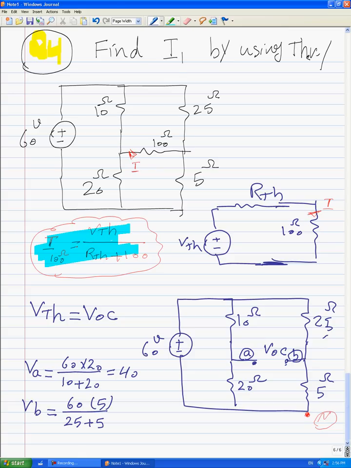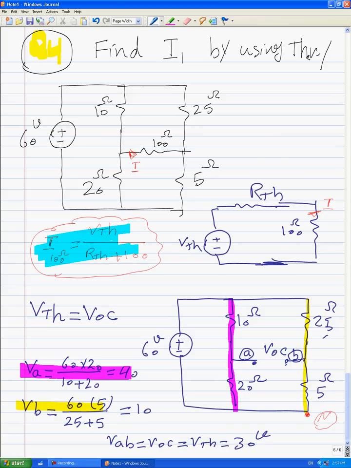Be careful, for this we are applying the voltage divider rule in this line, and for this equation we applied the voltage divider rule in this line, and VB is equal to 10, and immediately we can find out VAB is equal to V open circuit and is equal to VTH is equal to 30 volts.